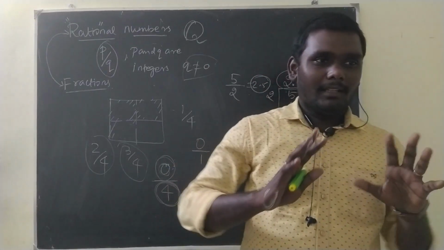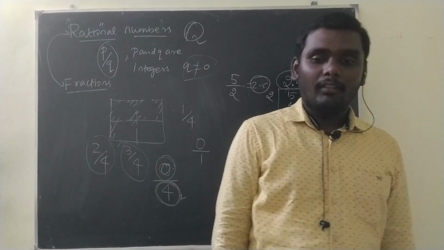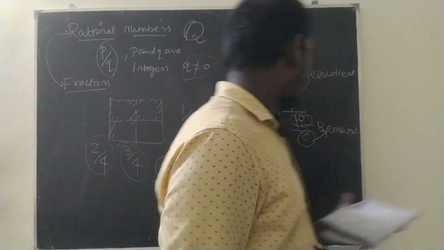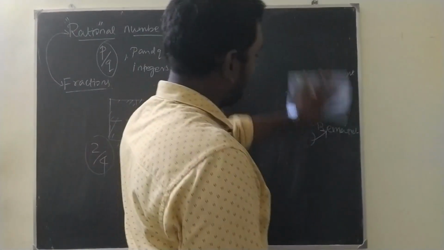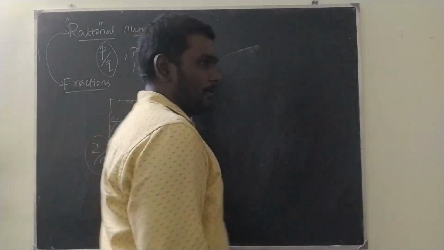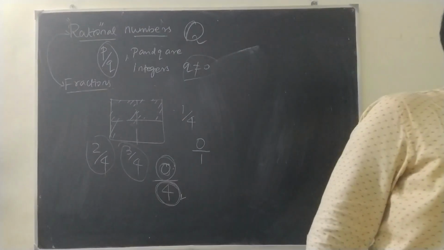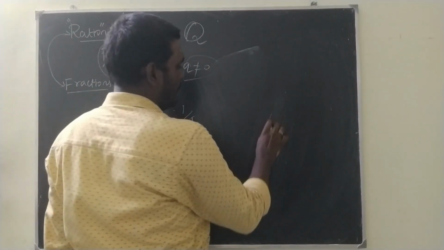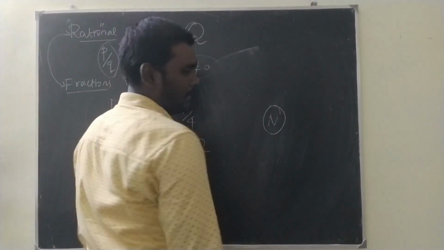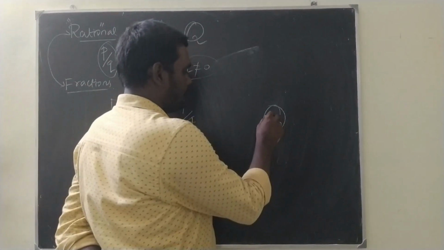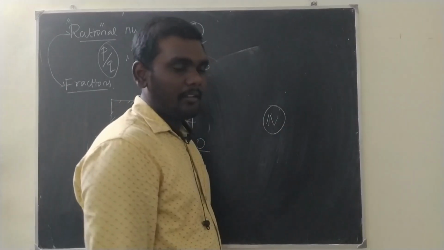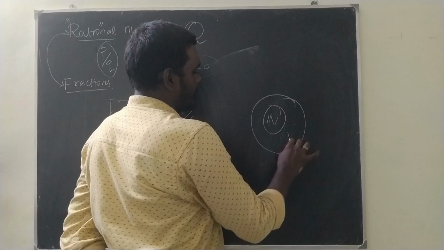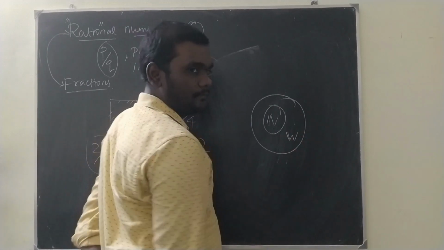To denote that as a diagram, we may use this. See, this is what we can take as the summary of today's session. First, we saw natural numbers, denoted by N. In that, we included 0 and called them whole numbers.